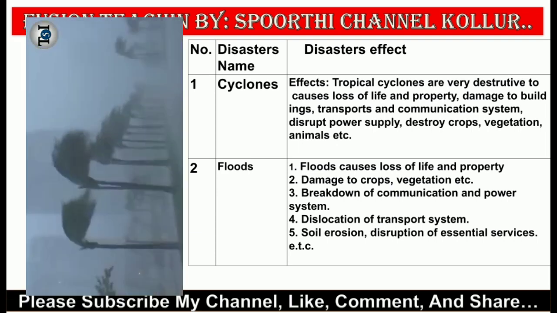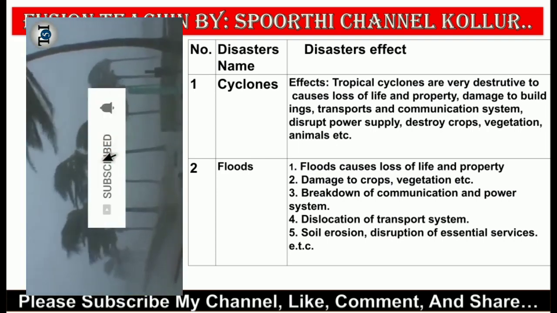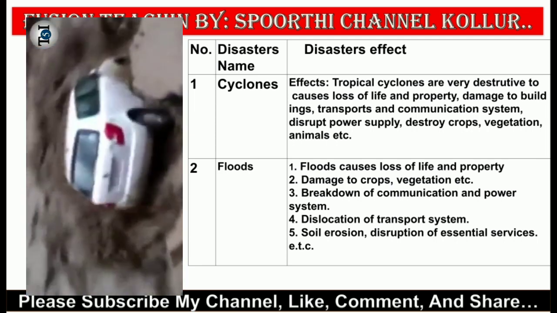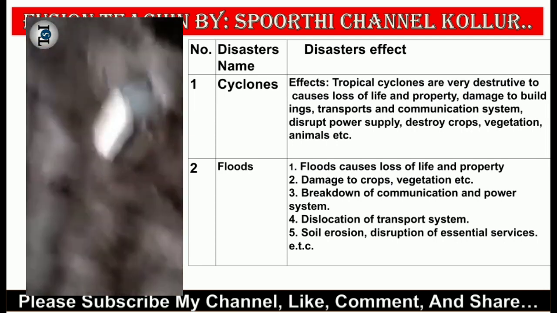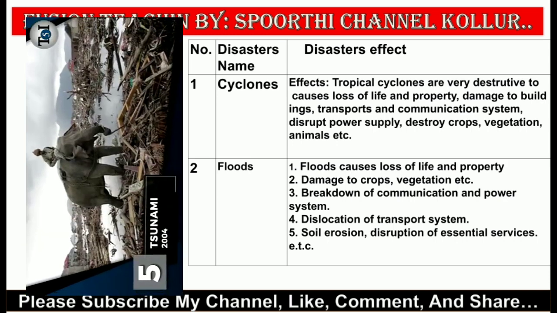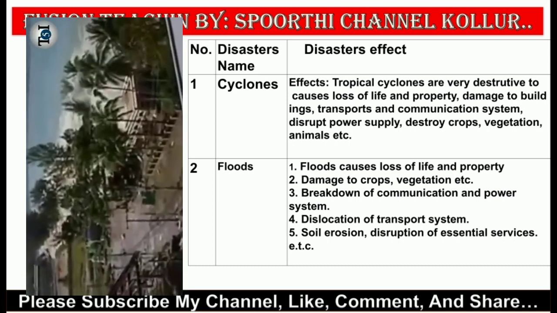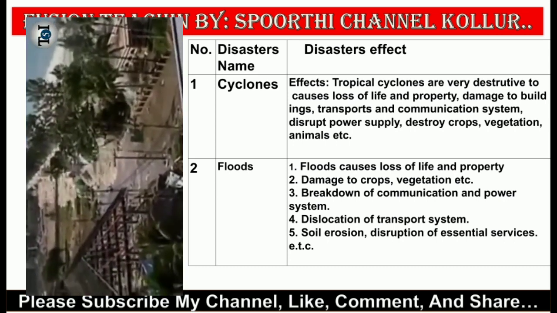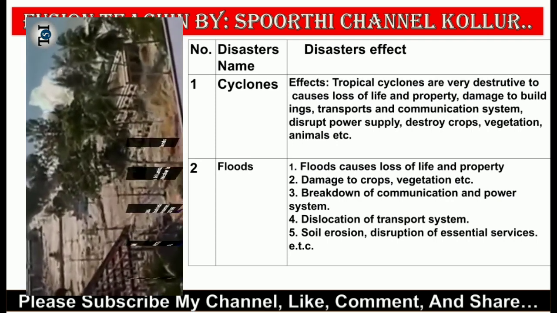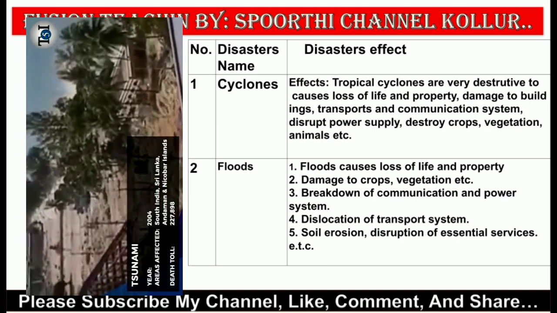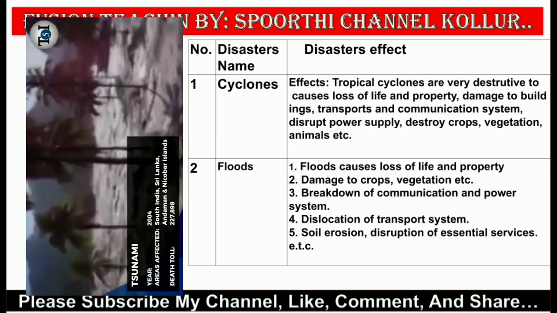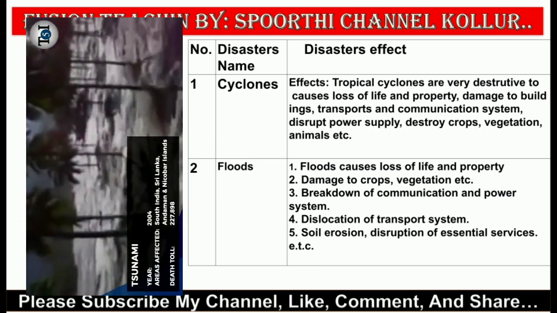Students, we are going to the disaster effects: cyclones, floods, etc. Cyclone effects: tropical cyclones are very destructive, causing loss of life and property, damage to buildings, transport and communication systems, disturbing power supply, destroying crops, vegetation, animals, etc. Then flood effects: one, floods cause loss of life and property.